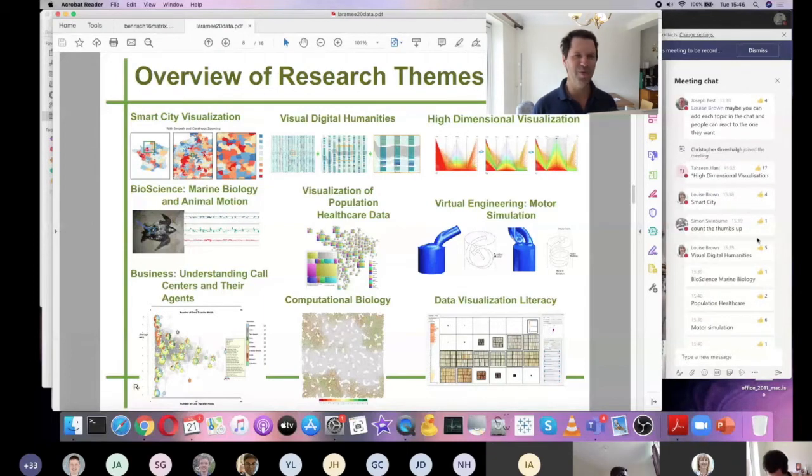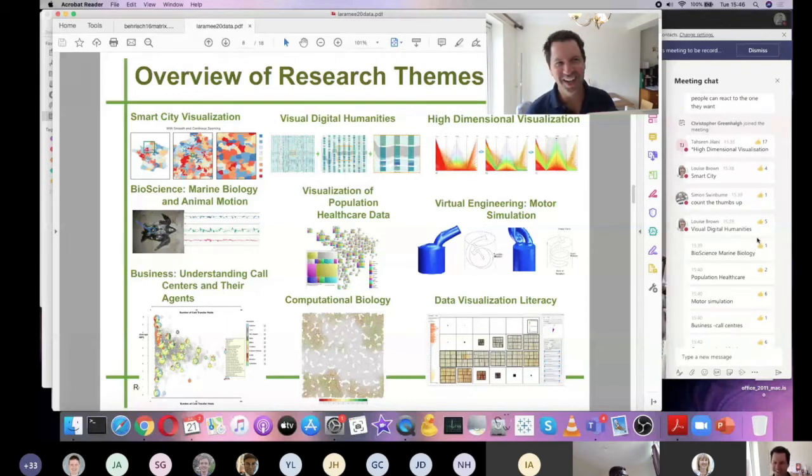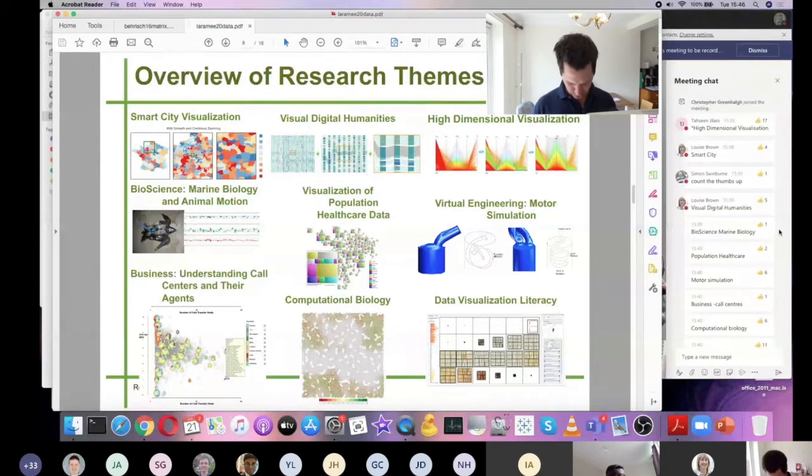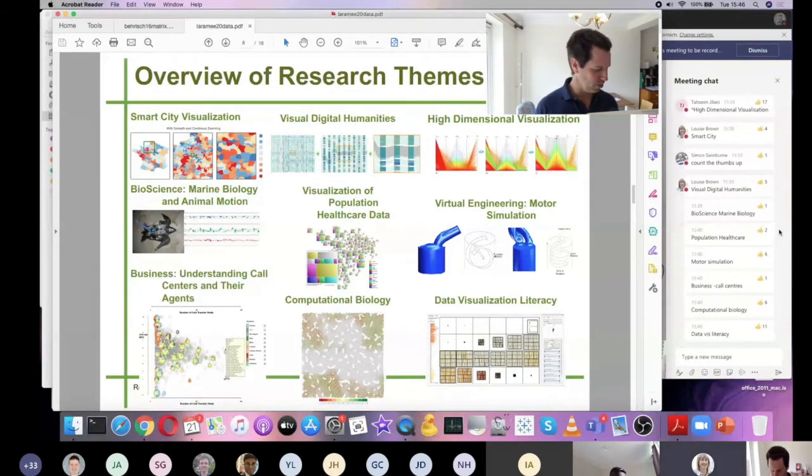Good that there are people watching. I wasn't sure if anybody was actually going to watch today. The bioscience one, population health. 46 people watching at the moment. Okay, way more than I expected. It's good. Motor simulation is 6 so far.